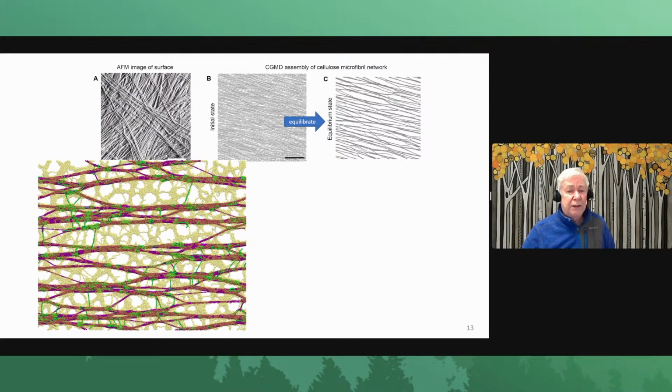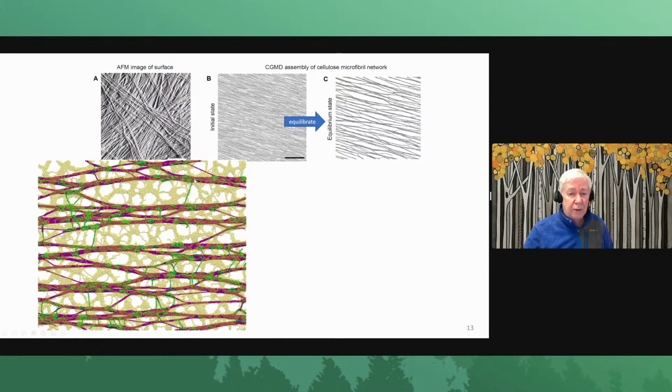In here in color is the full model. So up on the right here in C, I'm just showing the cellulose microfibrils for clarity to show the network. The full model, but a single lamella, is shown here, in which cellulose microfibrils are shown in purple. You can see they form a reticulated network.